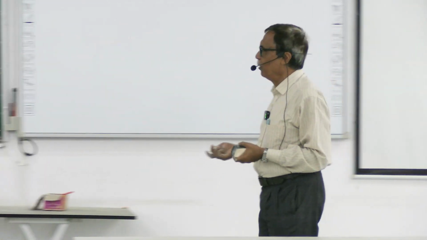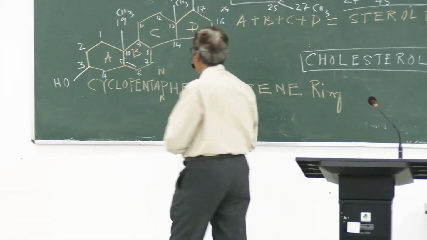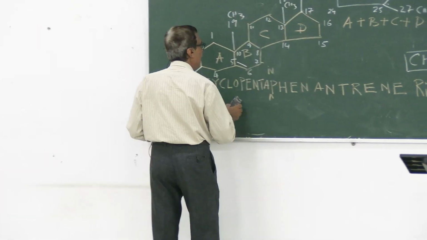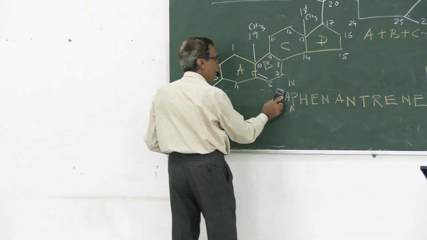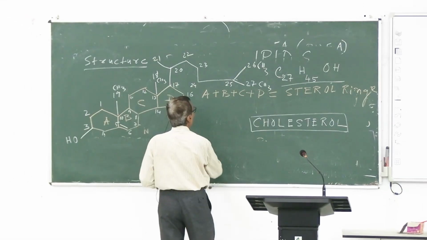This is the structure of the cholesterol, very long structure. You can memorize or not, whatever you like, but I have to describe for better understanding. Cyclopentane phenanthrene ring or sterol ring. Cholesterol is the derivative of the sterol.